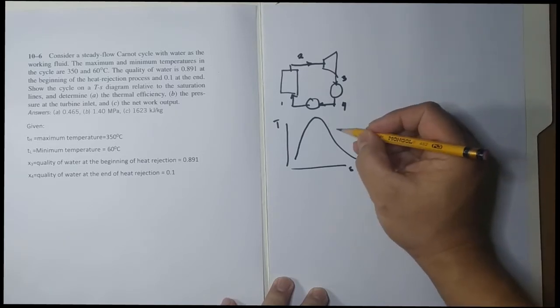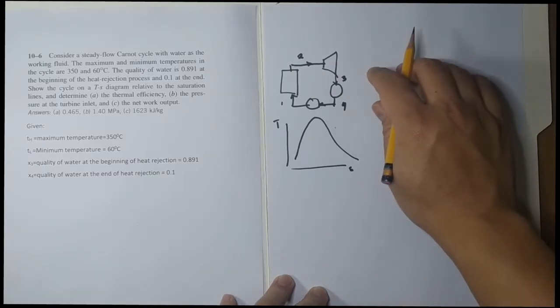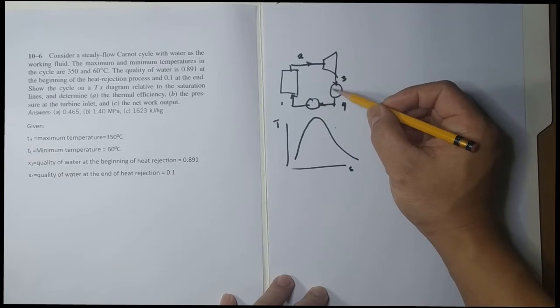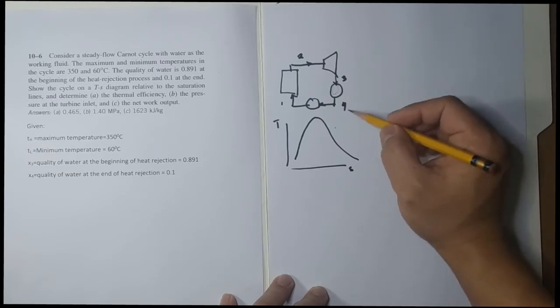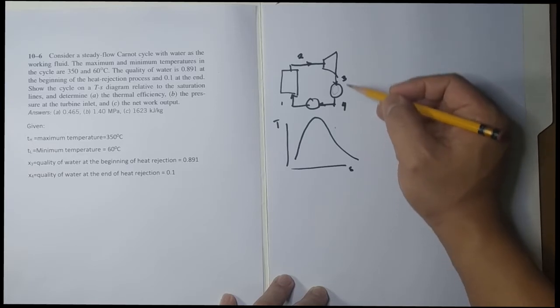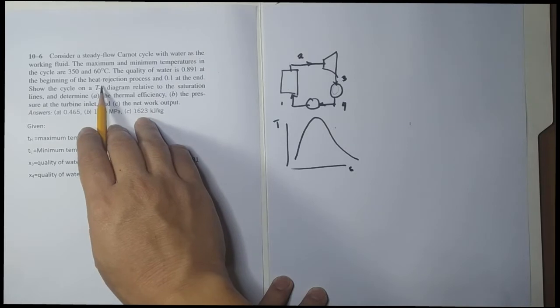Let's just say it's superheated somewhere here. And since here's the condenser, 3 and 4, this is where the heat rejection happens, and the heat rejection is here.